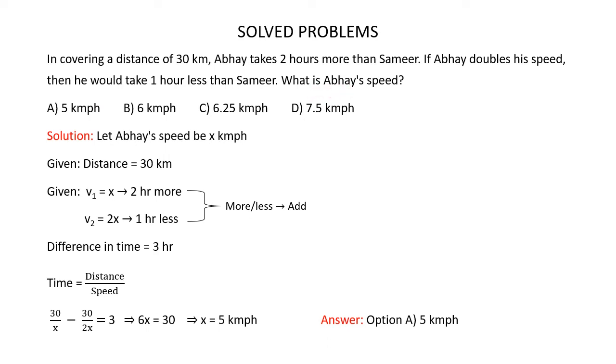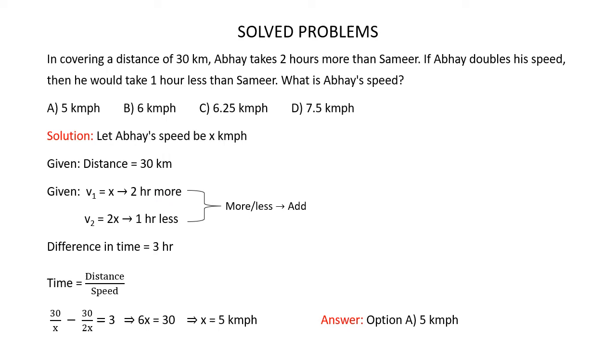So let's assume that Abhay's speed is x kilometers per hour. Now it's given that the distance is 30 kilometers. Now at a speed of x kilometers per hour, Abhay takes 2 hours more than Samir to cover 30 kilometers.